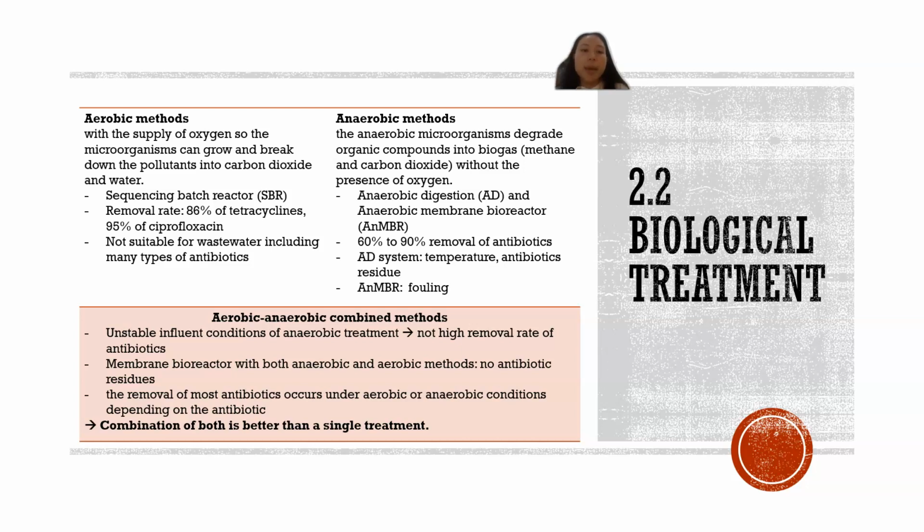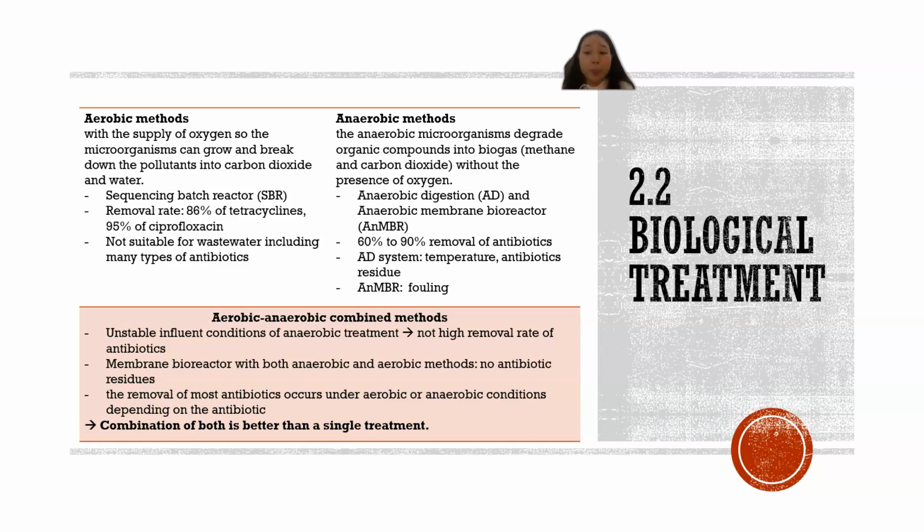The sequencing batch reactor is a prime example of an aerobic system. With this method, 86 to 95% of antibiotics can be removed. This method depends on the properties of antibiotics, so it is quite selective and not suitable for wastewater having many types of antibiotics.